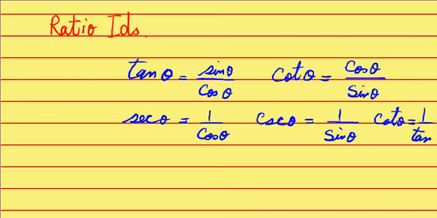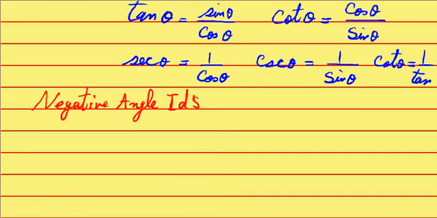Next, a bunch of important identities called negative angle identities. At issue is that what if our angle was negative? Can we conveniently transfer it back to a positive angle that we are more familiar with?